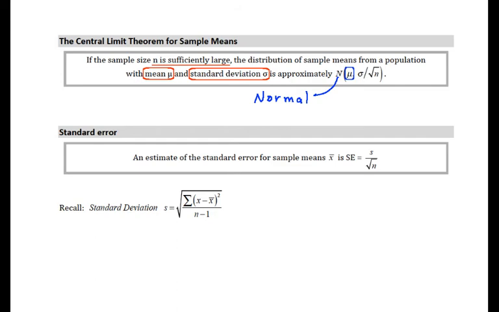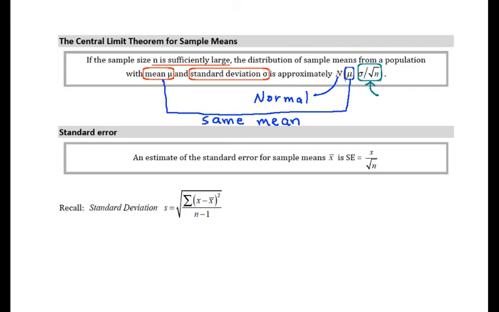So what that tells us is the same mean as the population. And standard deviation sigma over square root of n, that is different from the standard deviation of the population. The population has standard deviation sigma.